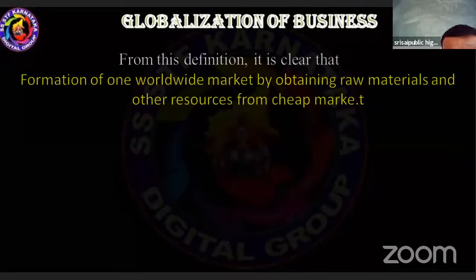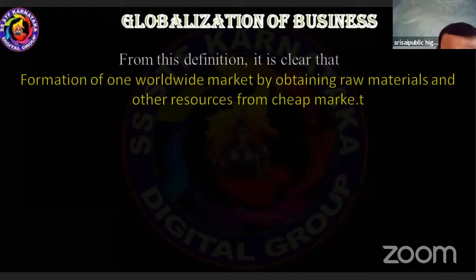Formation of one worldwide market by obtaining raw materials and other resources from cheap markets. Nowadays we can import the materials we require to produce goods, and after producing the goods in our country we can export them to others, even if we do not have sufficient resources.